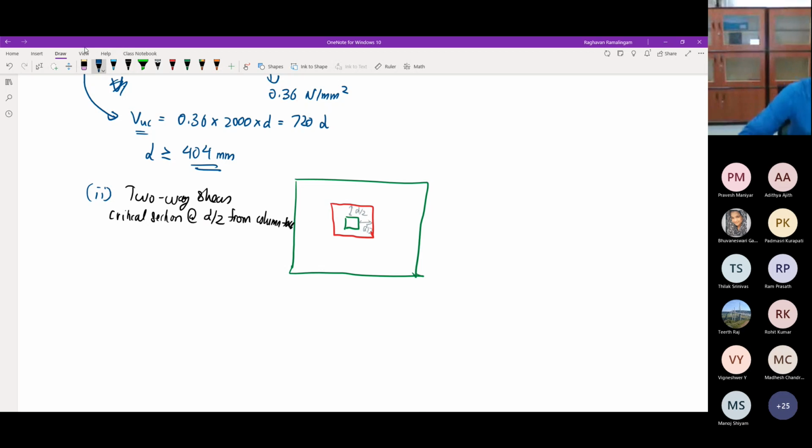Okay. So again here I will have to take some. Within this part I have to consider the stresses. So this is what was shown before. Here it is 264. Here it will be 144. This is 264.